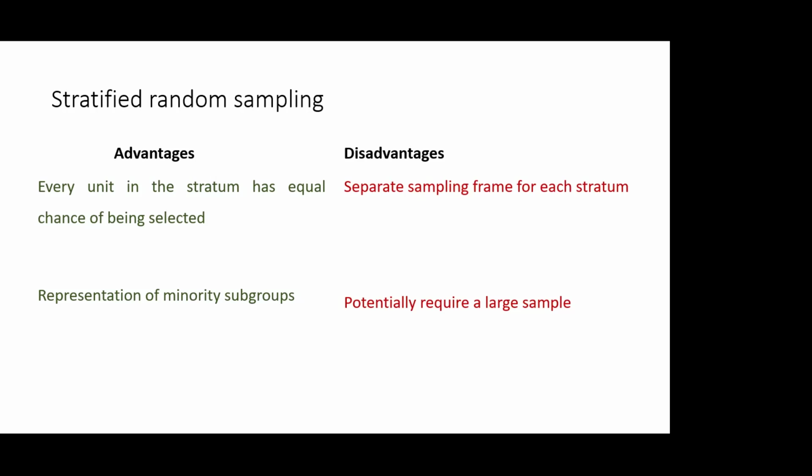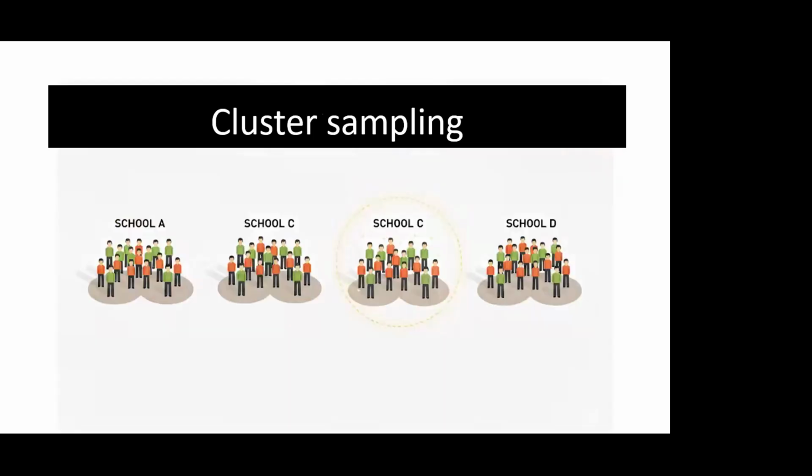The disadvantage is that a separate sampling frame for each strata is required. You should be able to differentiate in a little more detail for the sampling frame. It potentially requires a larger sample size, because when you divide them in strata, the sample size for each strata would become a little higher.